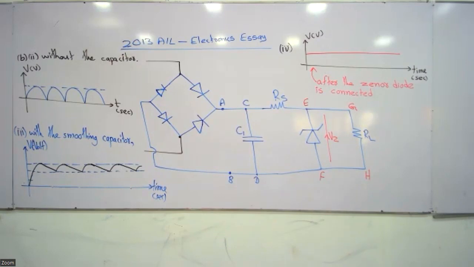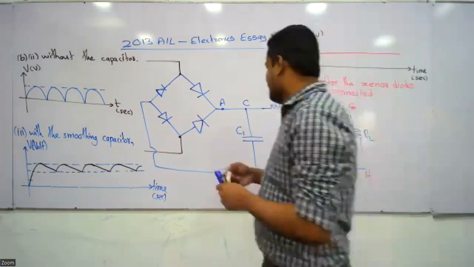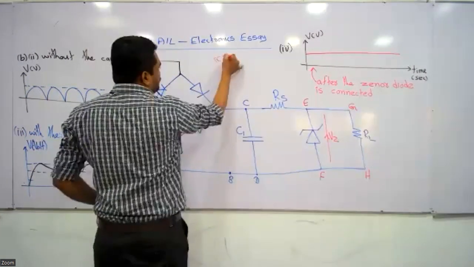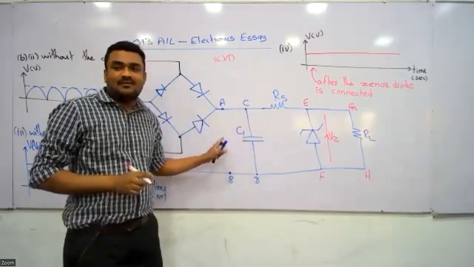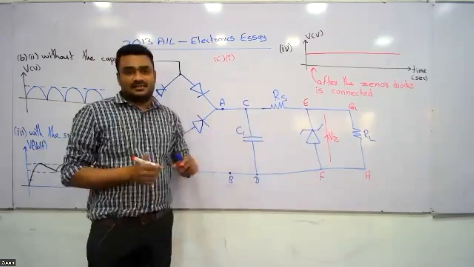See Roman number 1. What is the advantage of choosing a large capacitor value for the smoothing capacitor rather than a smaller value? They ask why it is better to use a capacitor having a larger capacitance.